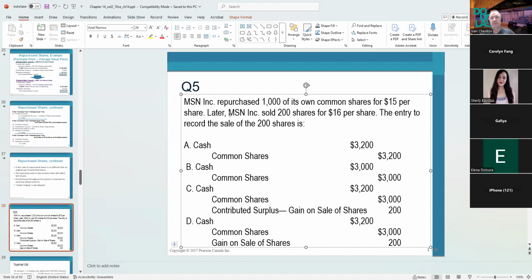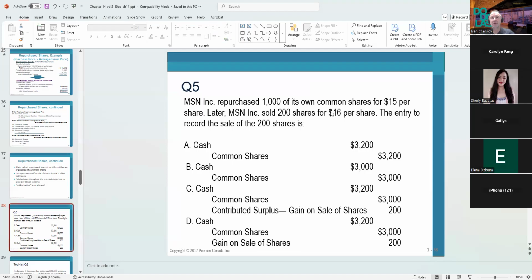The question is, when they sell those 200 shares for $16, what am I going to get? Stay with the question. We can talk about repurchasing the shares, but when you see a question that asks you about selling the shares, stay with the question.